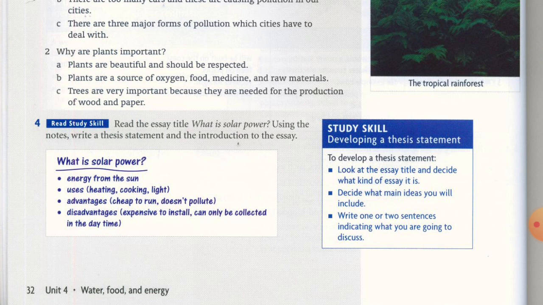I will give you model answers. For example, solar power is energy from the sun. Solar power is energy from the sun which is used for heating, cooking, and providing light. This essay will describe the advantages and disadvantages of this alternative source of energy.